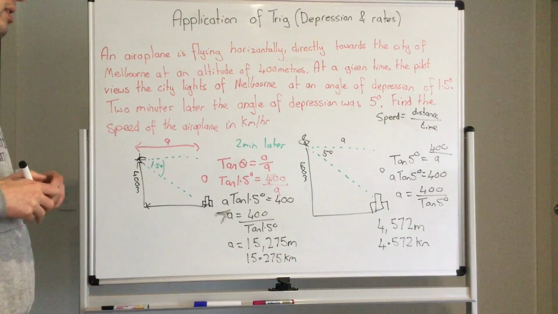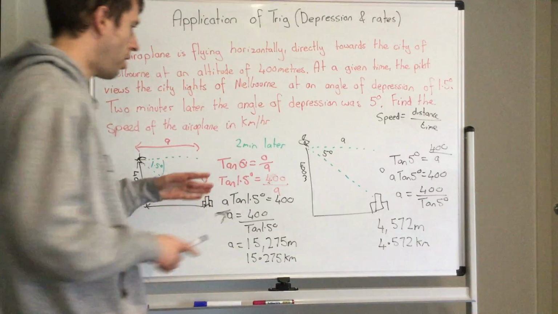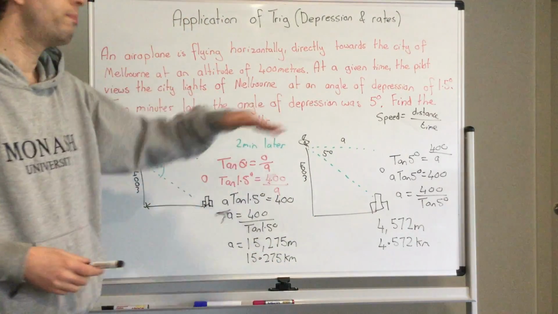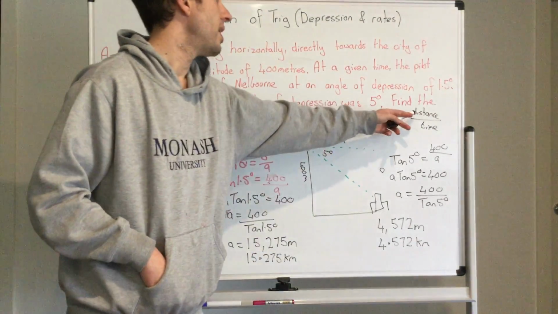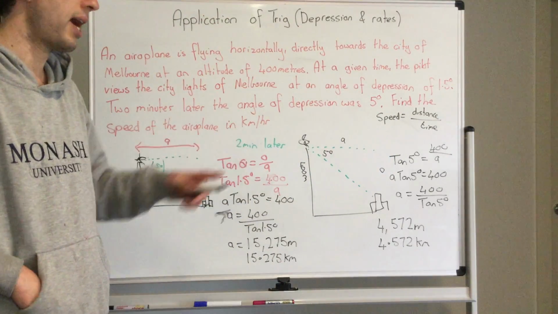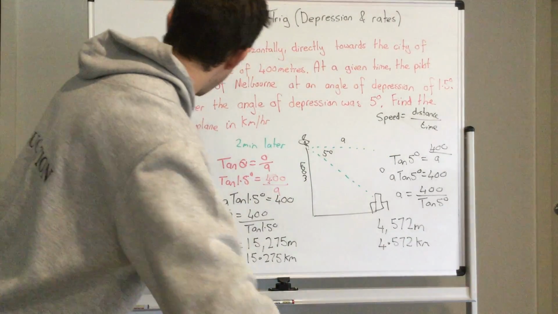So now we've got the adjacent on both. We need to find the distance travelled in the 2 minutes gap. So I'm going to do it over here.